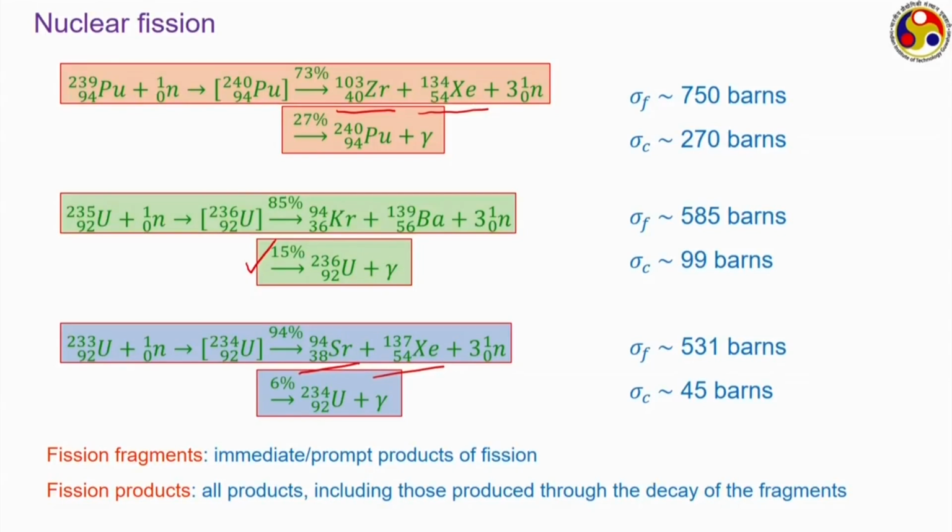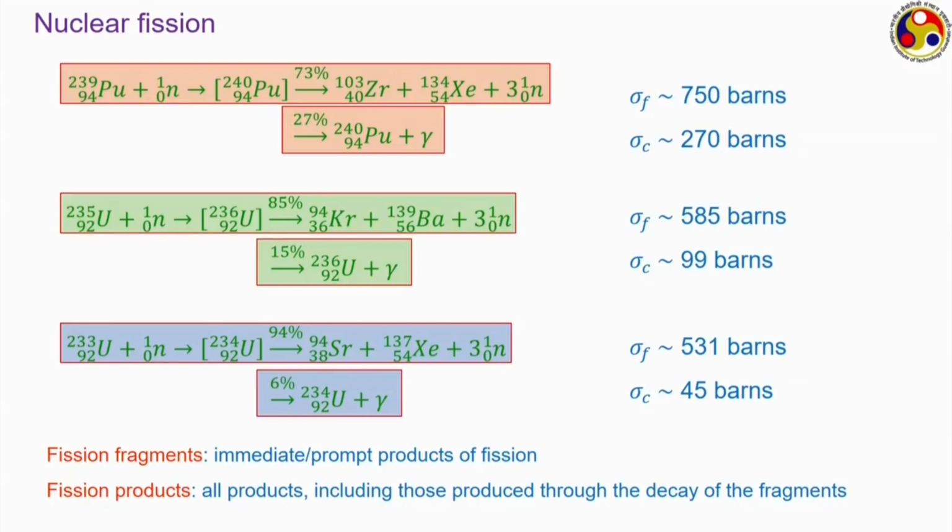But there are several other kinds of products. We can see that in all these cases we have neutrons getting emitted, and also all these products of fission, like in the last example strontium-94 and xenon-137, generally are strongly radioactive. So, after the fission reaction they keep on decaying following their own decay constants, thereby producing several new isotopes and also releasing several other particles like alpha particles, more neutrons, or electrons.